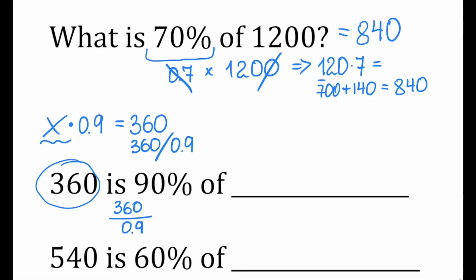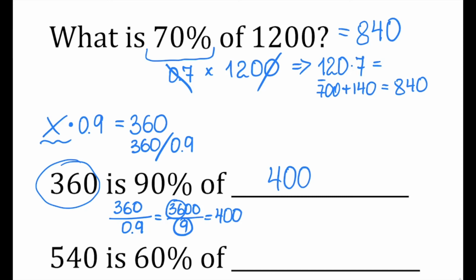All right, so 360 divided by 0.9. Well, I am not a big fan of dividing by decimals. So I'm going to turn 0.9 into a 9. How do I do that? I multiply by 10. But if I multiply the bottom by 10, I have to multiply the top by 10. So it's going to be 3,600 divided by 9. And now look at 36 over 9, that's a 4. And then I still have my 2 zeros, so 400. So 360 is 90% of 400.